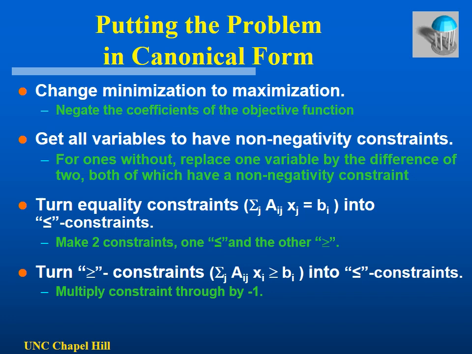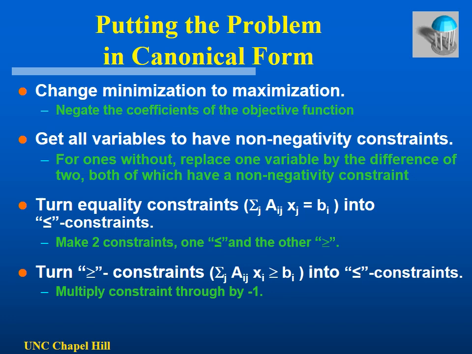So if we had x sub 3 less than or equal to 4, we could rewrite that as x sub 3 minus 4 less than or equal to 0, and have a new variable which is x sub 3 minus 4. And now, since we want it to be greater than the constraint, we could take the negative of that and have this be the variable that we actually work with.